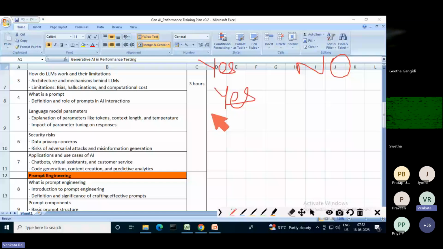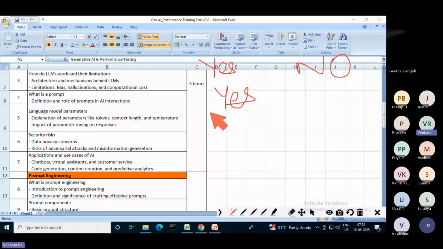Don't think that you need to be correct; I'm just trying to understand your thoughts and catch your pulse, because based on that we'll take the course forward. Yes, we need basic English, but to get direct results, we need to be skilled enough. So most of us are saying that yes, we need to be skilled in order to interact with the AI models so that we can get the expected output. That is very, very important, right?